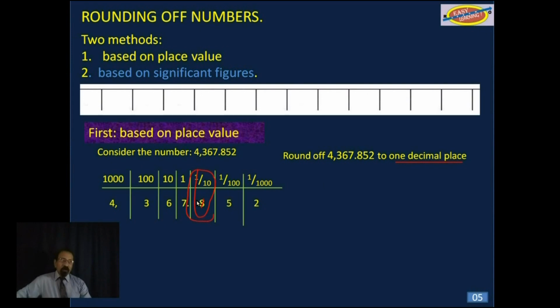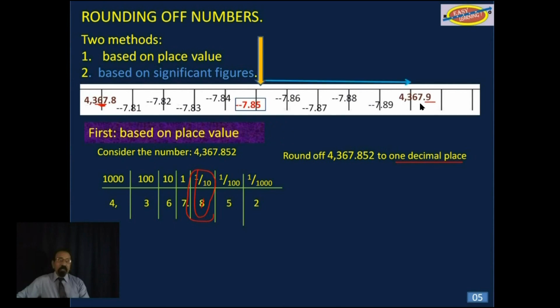So if we write our numbers again on a number line, this time 4,367.8 is here, 0.81, 82, 83, 85, 86, 87, 88, 89, 0.79. Now again, we look at the digit on the right of the 8, just the first digit, which would be 5.